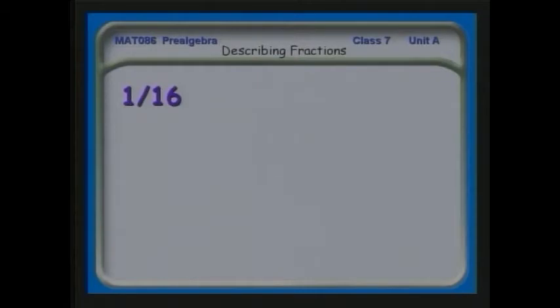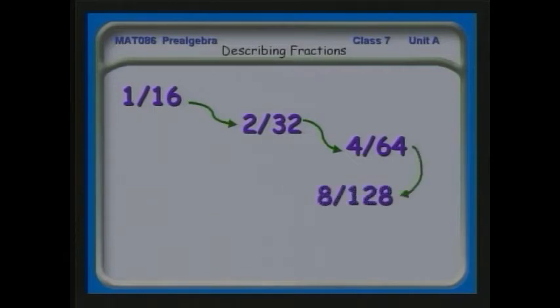And we can chop finer and finer. We could say 1/16 is equivalent to 2 pieces out of 32. That's equivalent to 4 pieces out of 64, 8 pieces of 128, 16 pieces of 256. So as we chop up into finer and finer things, we can specify more and more minute quantities just by cutting everything in half whenever we get a chance.